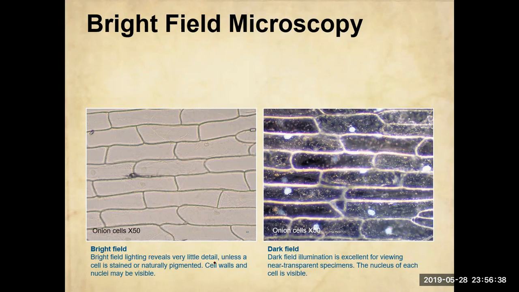But once you talk about dark field, dark field illumination is excellent for viewing near-transparent specimens. If the specimens are transparent, you can see them much better in dark field, and the nucleus of each cell is visible.